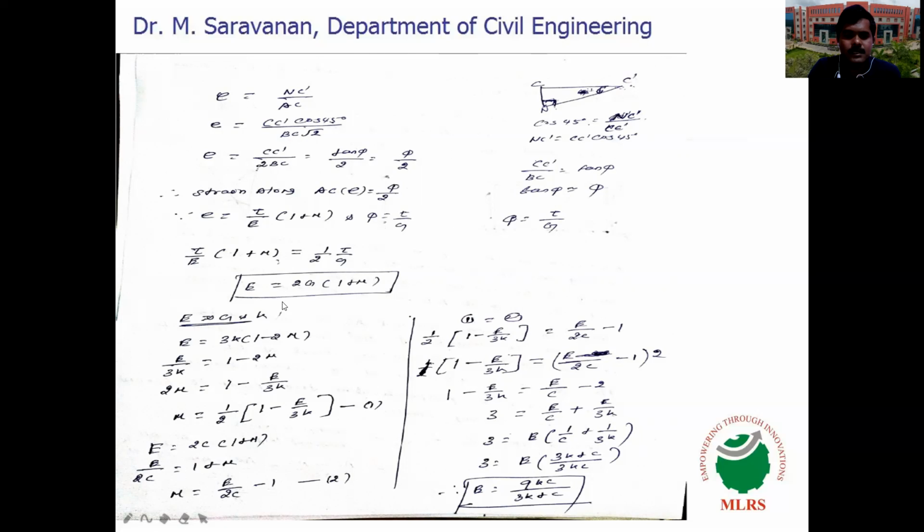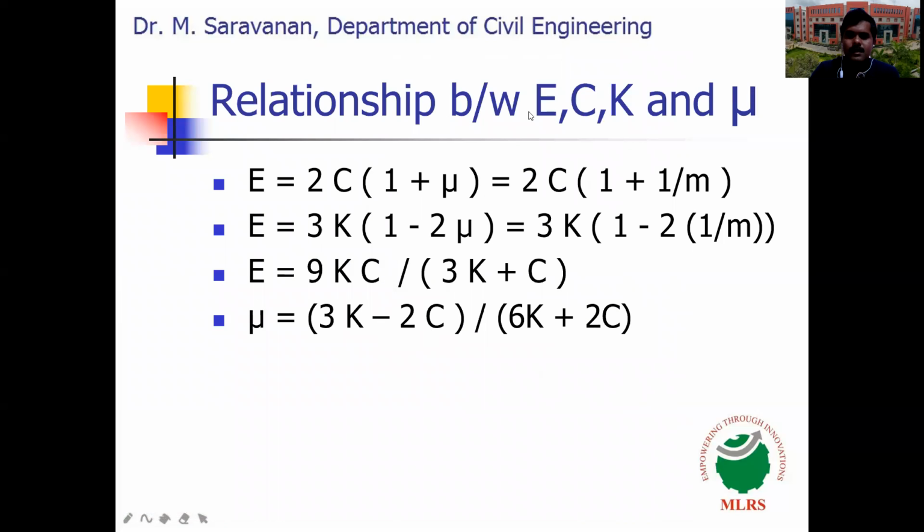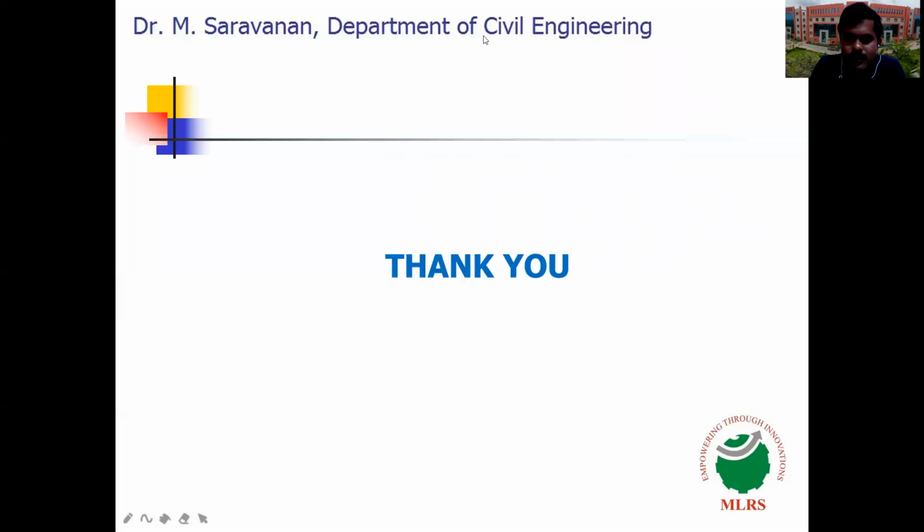Now we have seen E equal to 2G into 1 plus mu, and E equal to 9KC divided by 3K plus C. So these are the relationships between E, C, K and mu. So E equals 2C into 1 plus mu, or 2C into 1 plus 1 by m; E equals 3K into 1 minus 2 mu, or 3K into 1 minus 2 into 1 by m; or E equals 9KC divided by 3K plus C; and mu equals 3K minus 2C divided by 6K plus 2C. So I hope you understand.